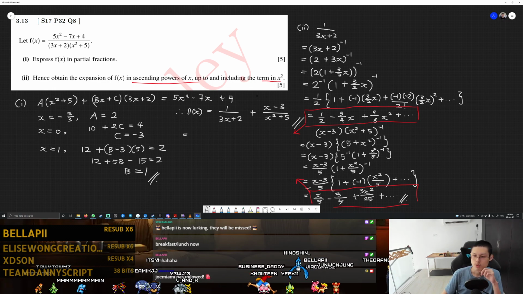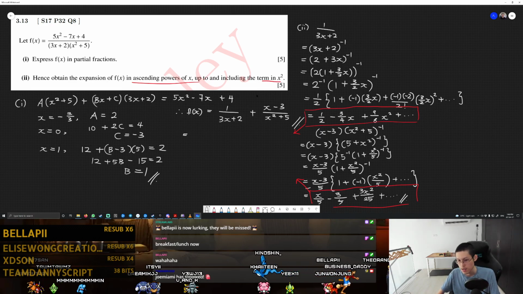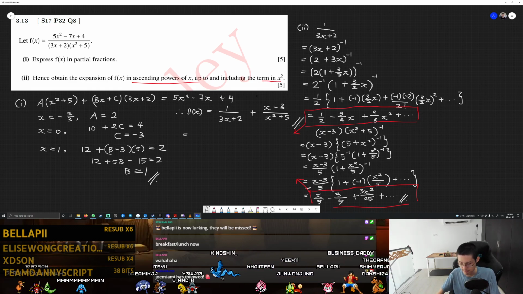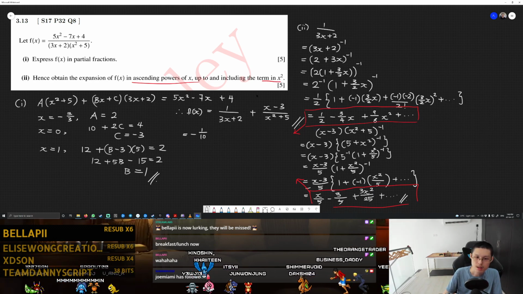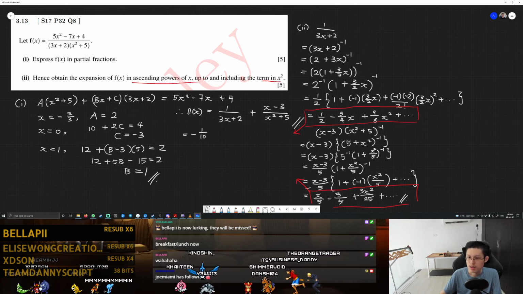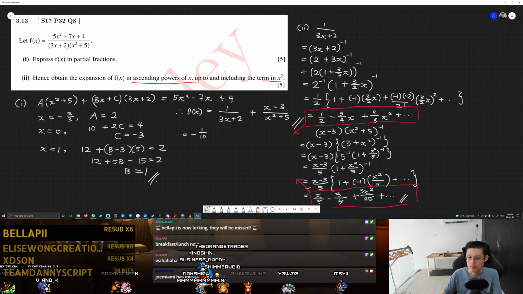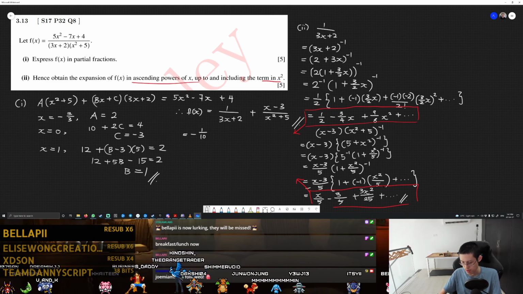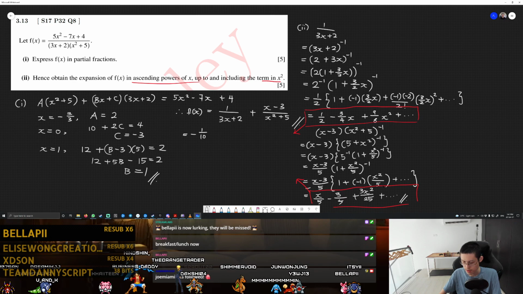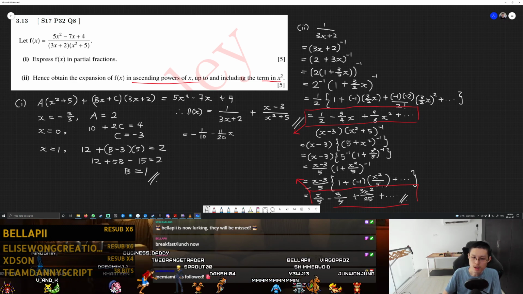So 1 over 2 minus 3 over 5. What do we get? We get negative 1 over 10. Then negative 3 over 4 plus 1 over 5, we get negative 11 over 20x.